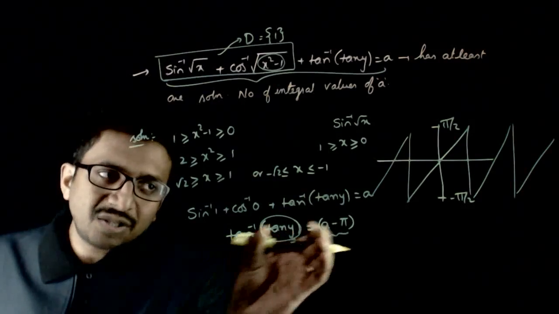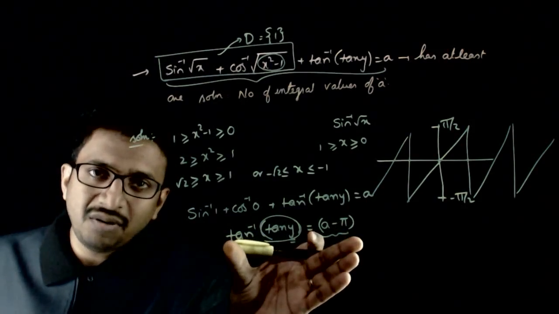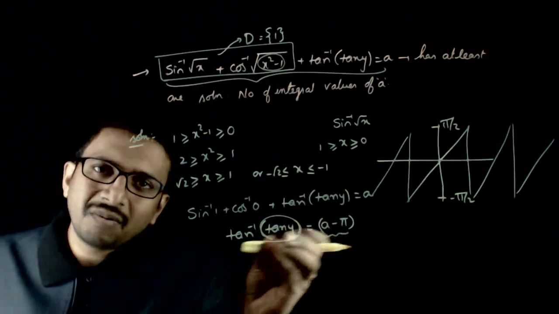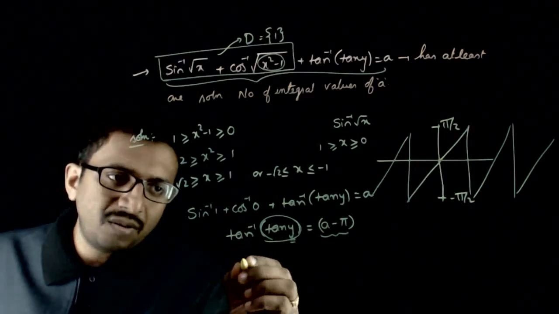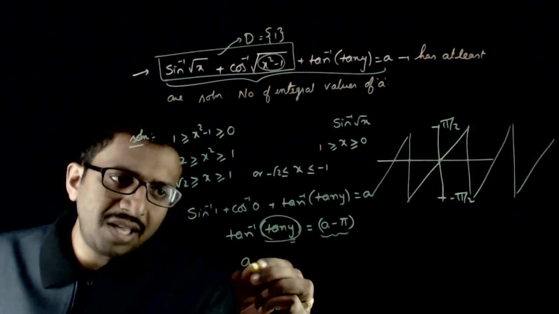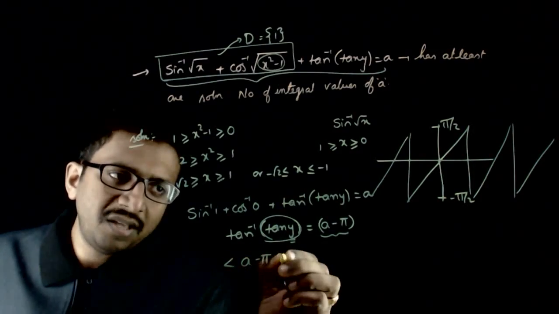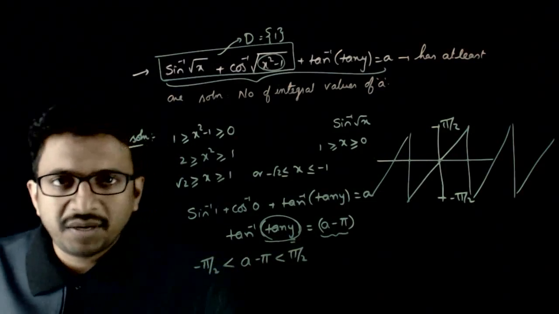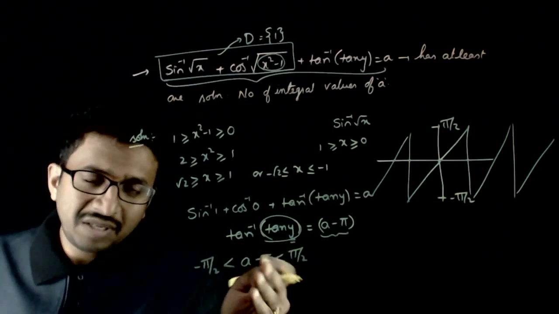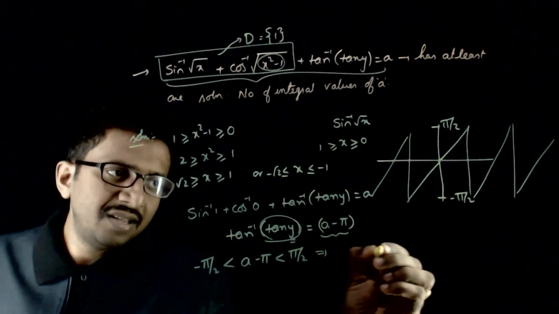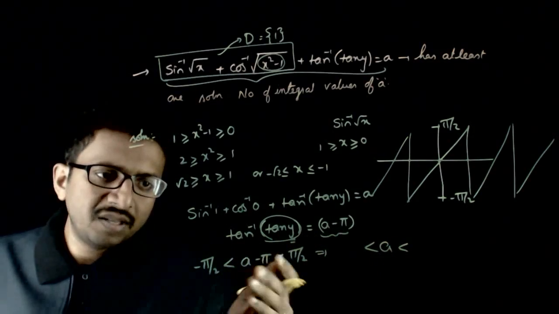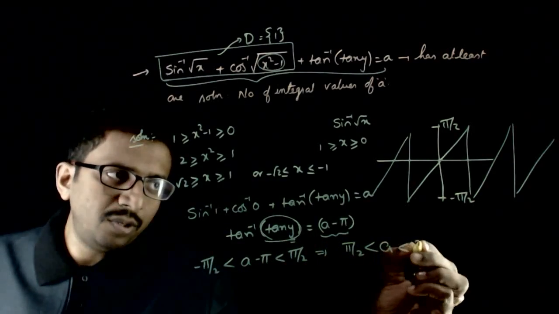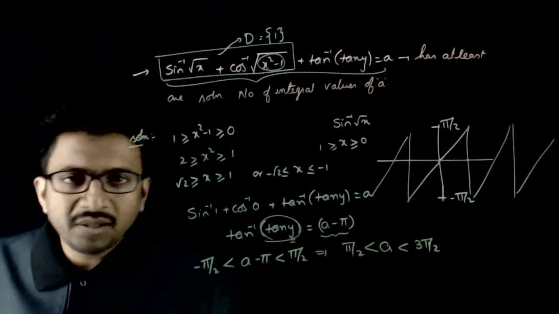If this equation has to have a real solution, then a minus pi also should belong to this range. Then only it gets some value of y. So for at least one solution, a minus pi has to be in between minus pi by 2 and plus pi by 2. Now if you take pi to this side and add pi, you get pi by 2 to 3 pi by 2.